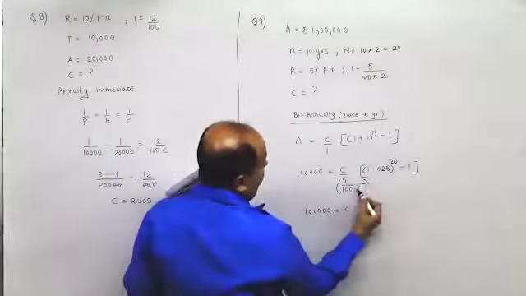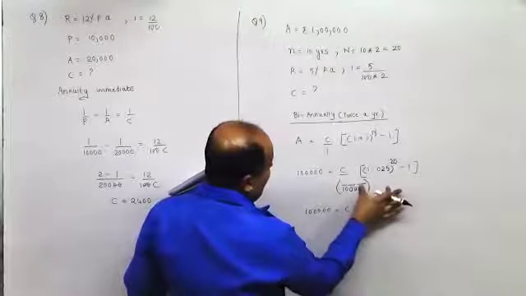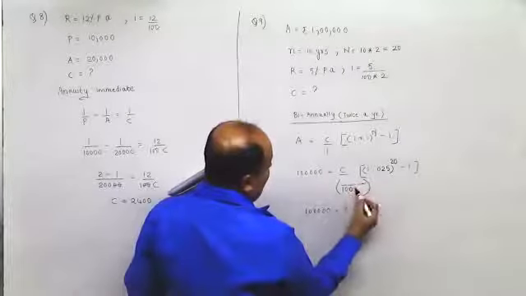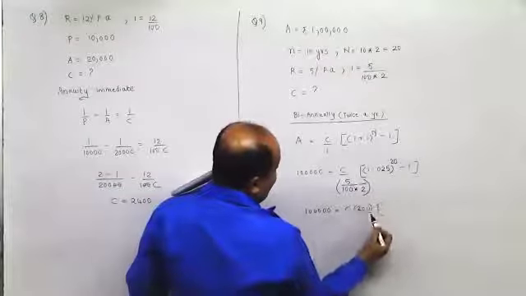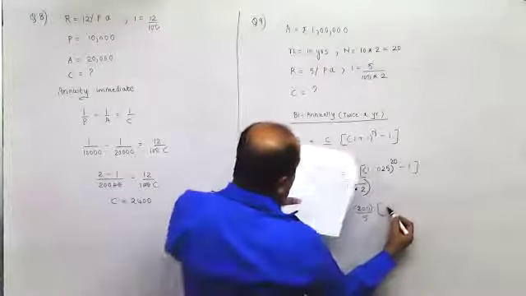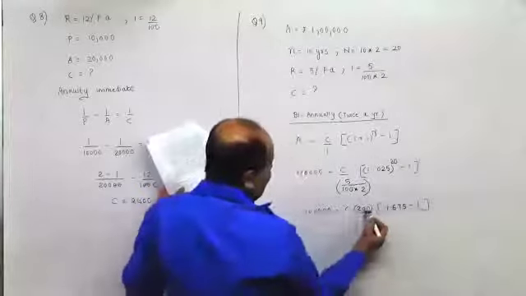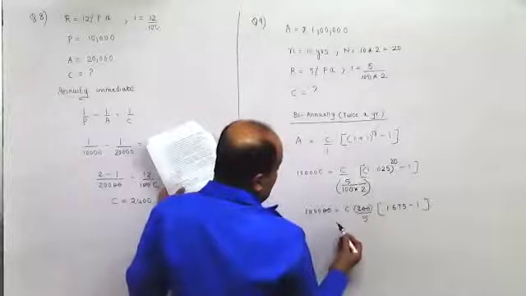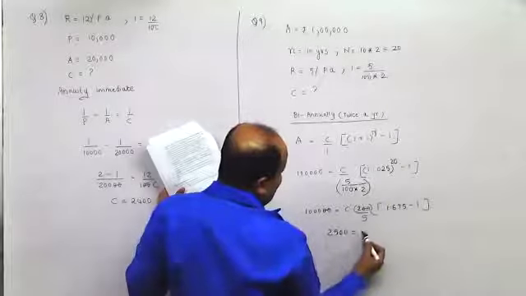I can say 2.5 upon 100, or rather I'll say 200 upon 5, and here 1.025 raised to 20 is 1.675 minus 1. This and this gets cancelled. 2 and this would be 500, 2500 equal to C.